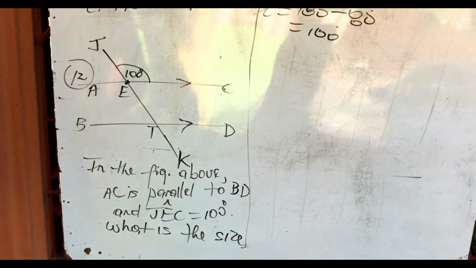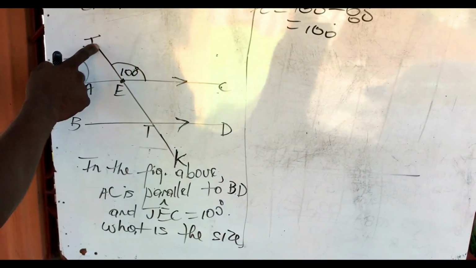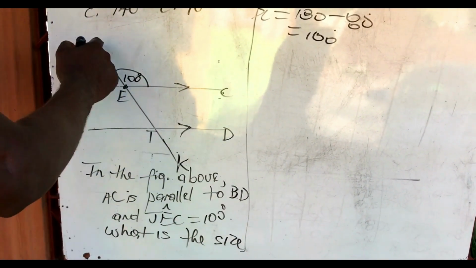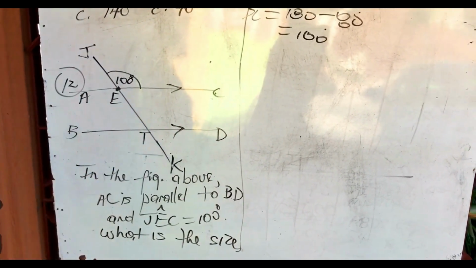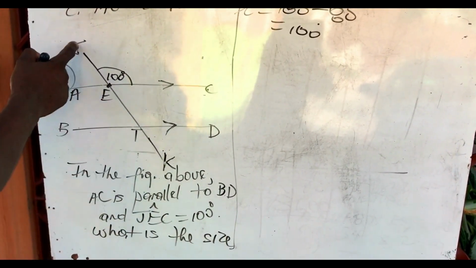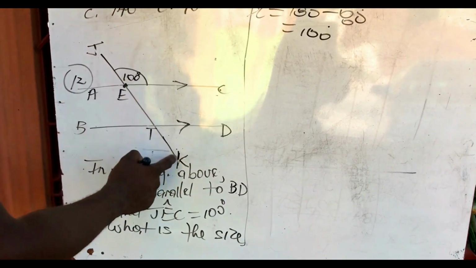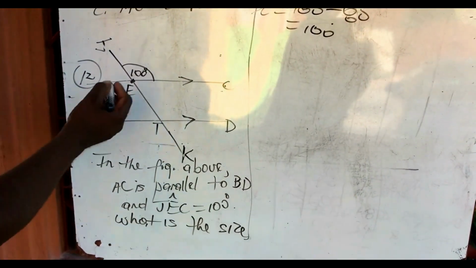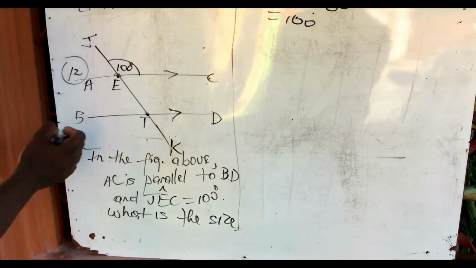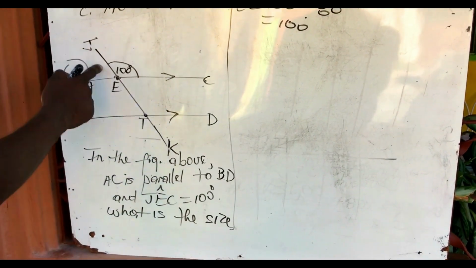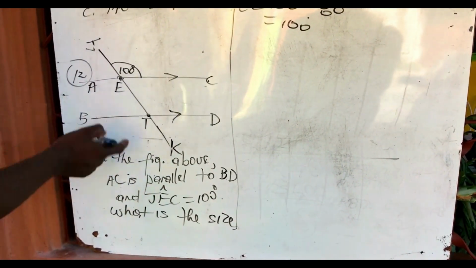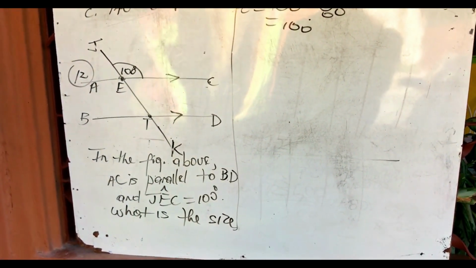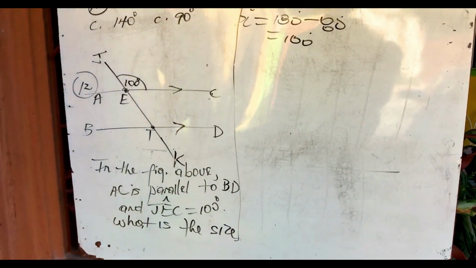Now, JETK is a straight line that intersects or cuts the two parallel lines at this point and this point. Once you have a straight line that cuts two parallel lines, that straight line is referred to as a transversal. So this is a transversal.